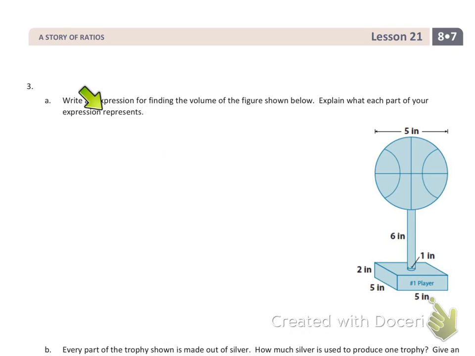And we're asked to find the volume of the figure and write an expression, and then tell how much silver it's going to take to make this trophy. So that would be a volume of silver. So I'm going to point you to the teacher's notes for this example, and we'll move on to the next one.